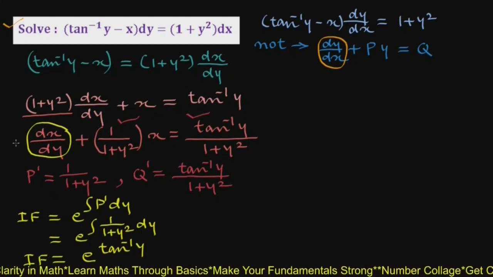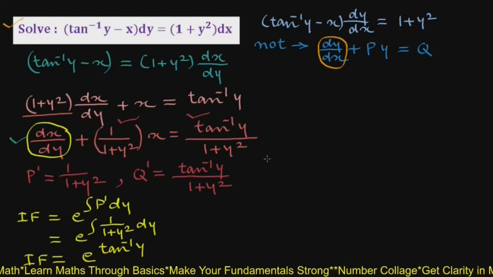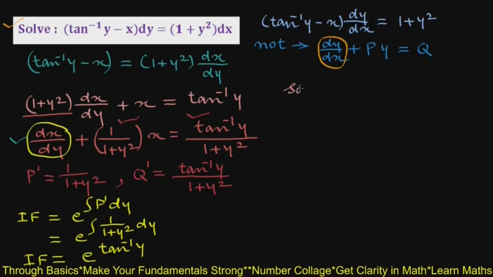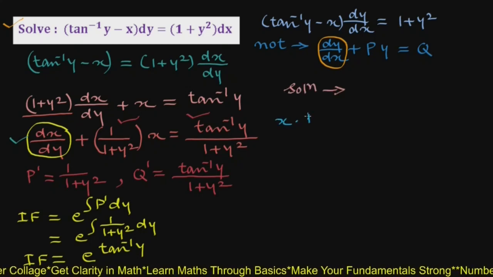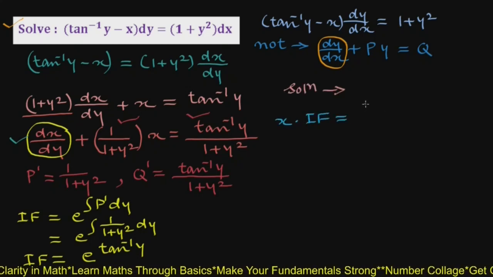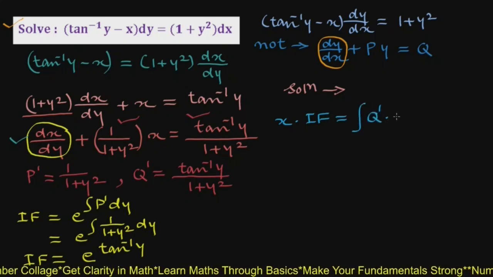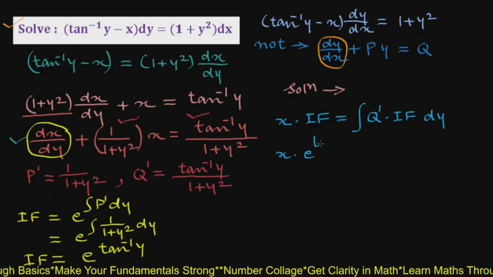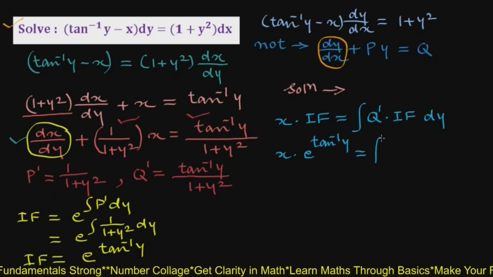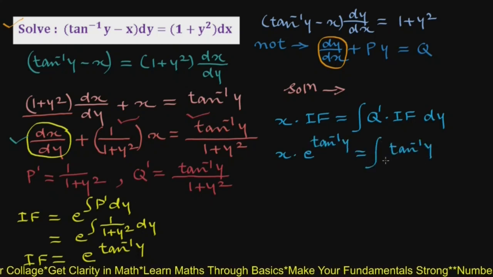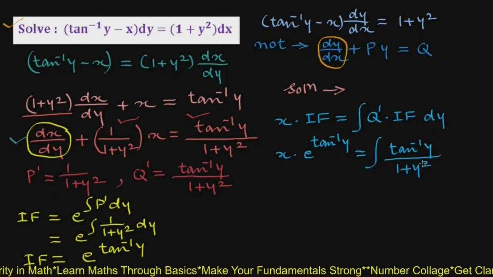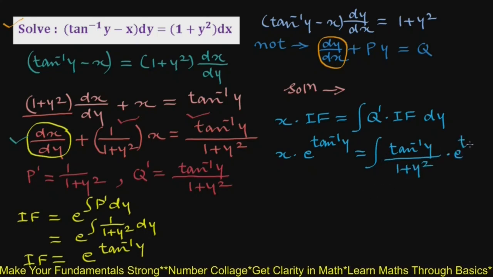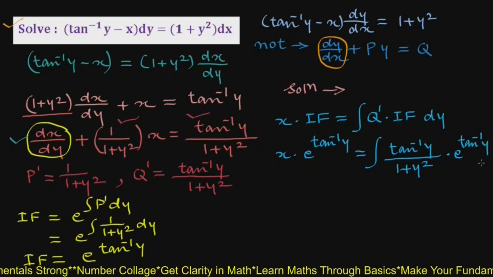Now since this equation is of the type dx upon dy, its solution will be of the type x into integrating factor equals integral q dash into integrating factor dy, x into e raised to tan inverse y equals integral tan inverse y upon 1 plus y square into e raised to tan inverse y dy plus c.